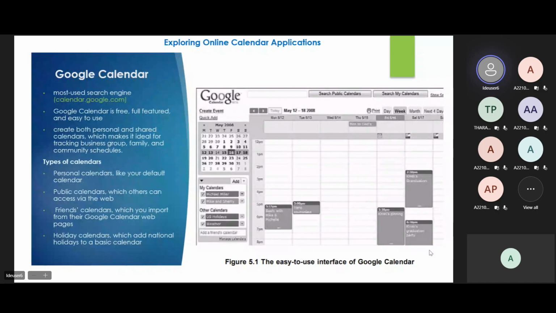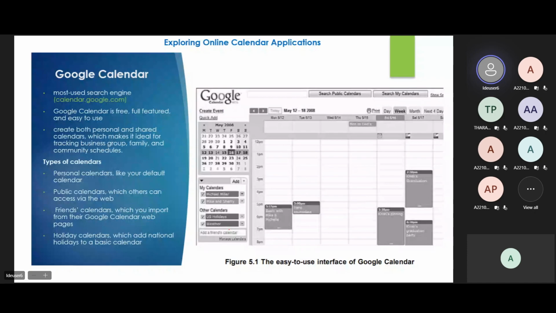Here it shows you the US holidays calendar. And public calendar, that is, if it is public, what does it mean? We can access other calendars through the web. And friends calendars, by importing from the Google Calendar web pages, you can view the friends calendars.